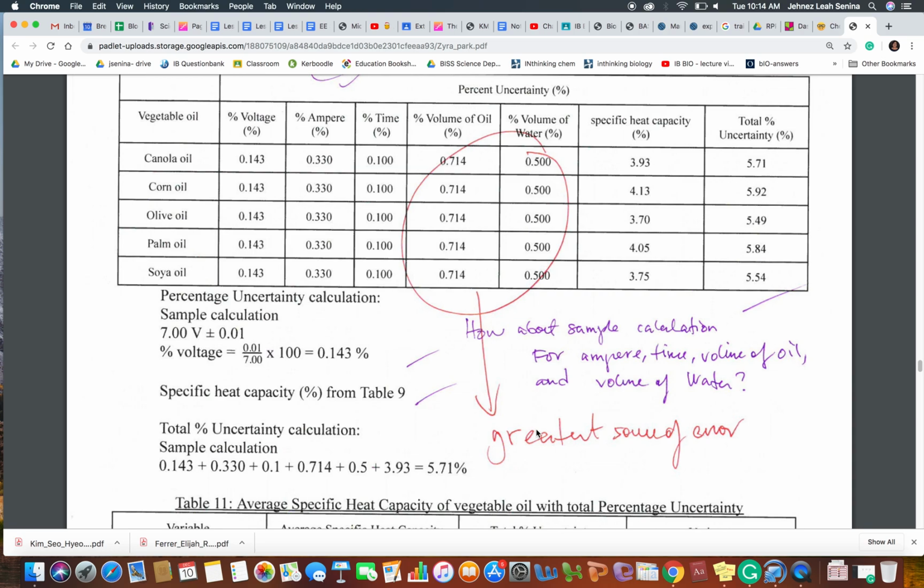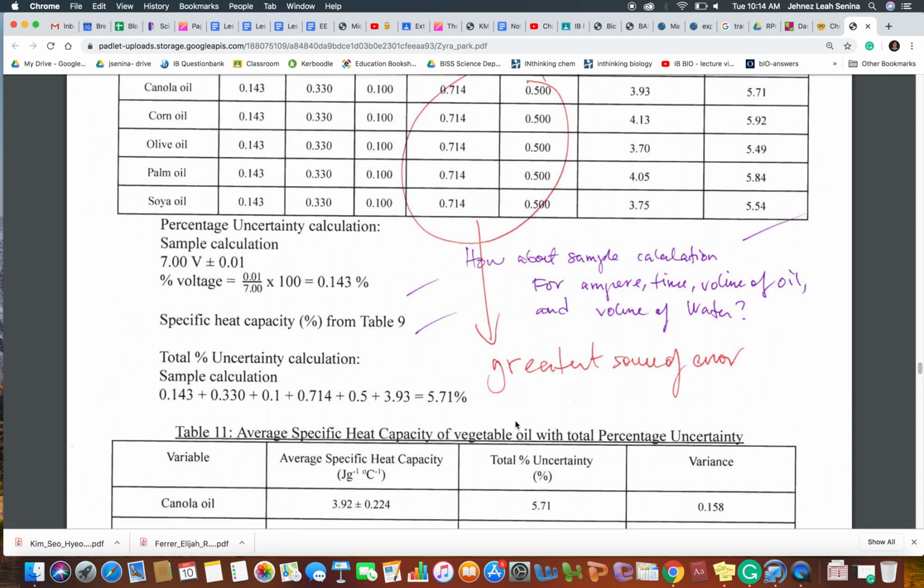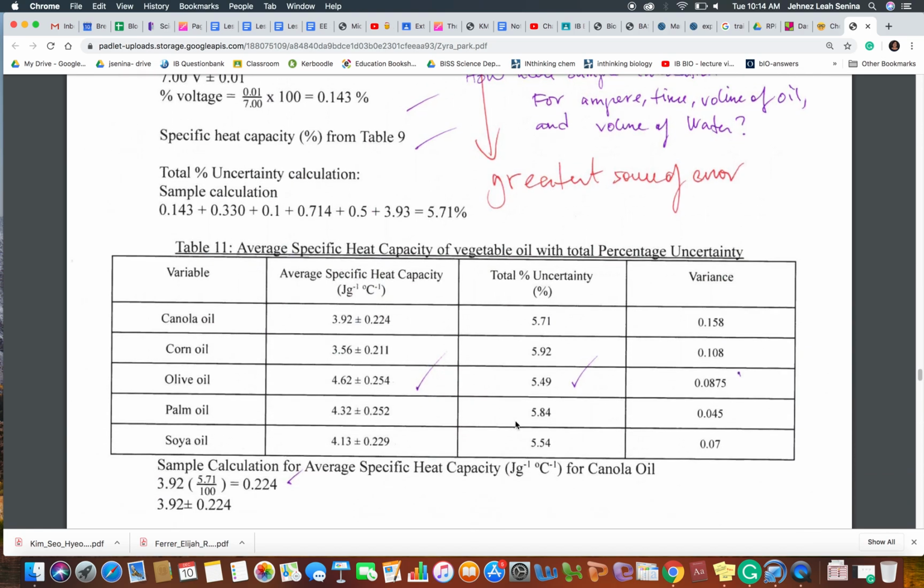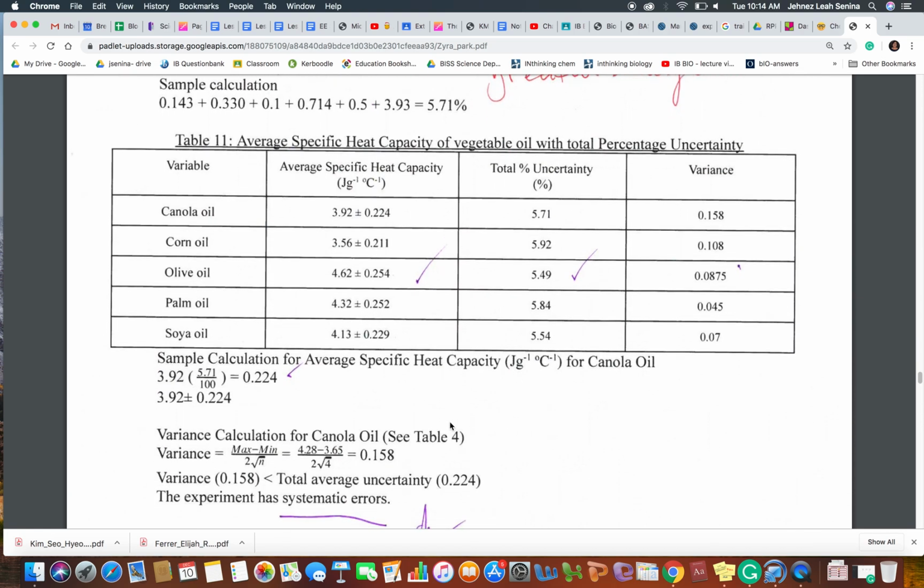Okay. So her very final table is now here, 3.92. Remember, this was supposed to be 3.93. Now it's 5.71. So instead of 0.154, now it's 0.224.